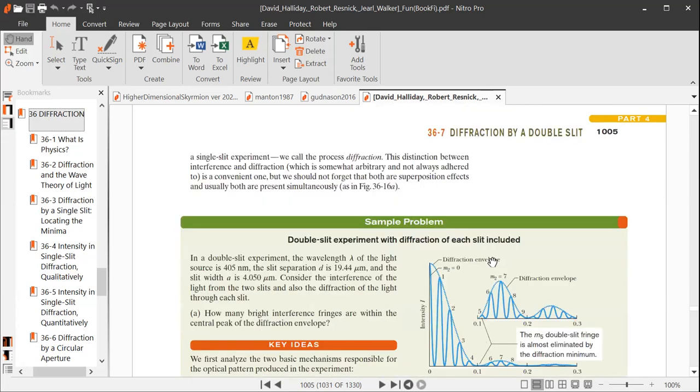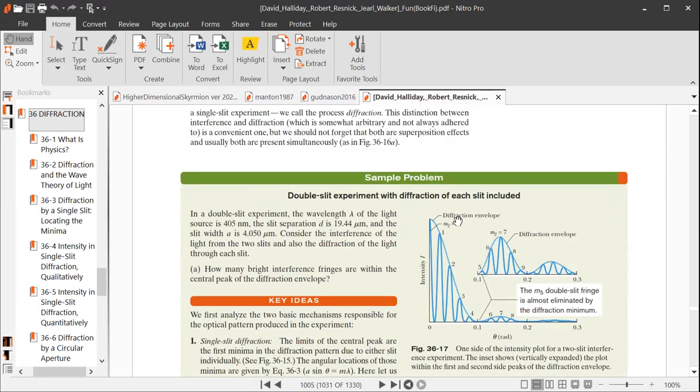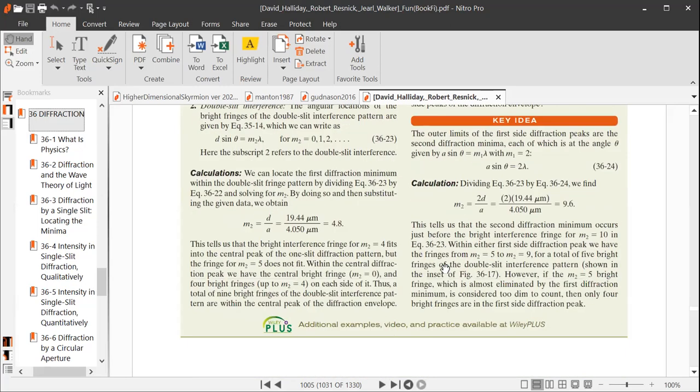That's why it is easier to obtain the dark interference, the minimum interference. We have discussed this yesterday about the diffraction envelope. This m equal to 0 is the central maximum, and this one is the interference fringe.